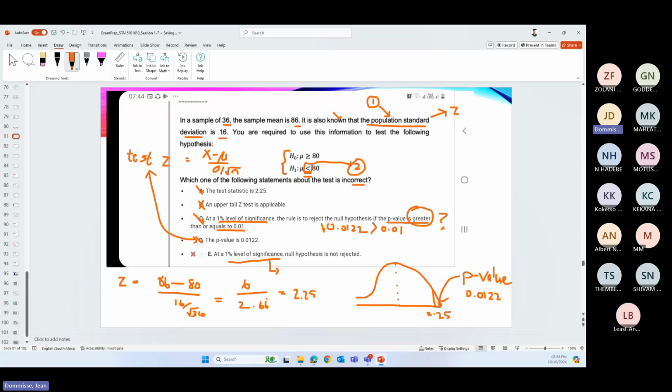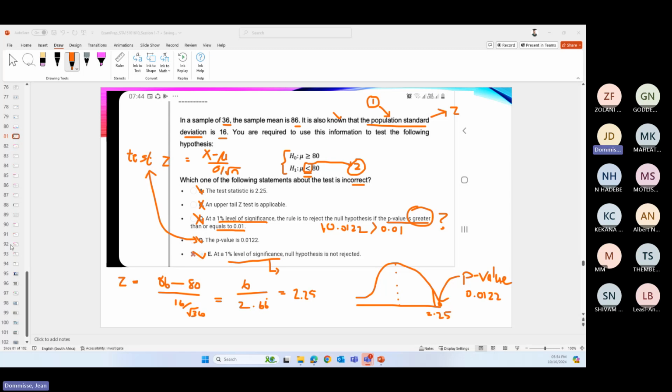So this one is actually also incorrect. Okay, thank you for that. P-value smaller than that, yes, we reject the null hypothesis.